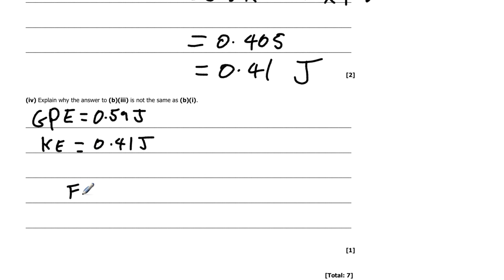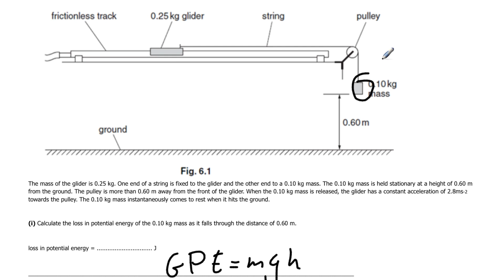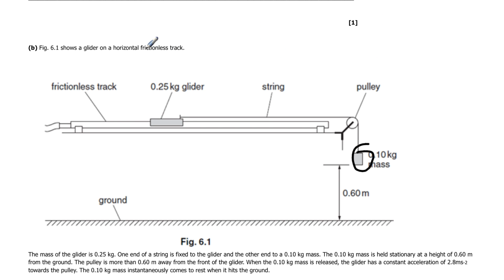It's tempting to say that it's due to friction, that frictional forces slow it down, or something along those lines. Air resistance we might have talked about, but if we've written that, then we haven't got the mark. The reason being is because in the question it states that it's on a horizontal frictionless track. So we can't call into play friction here.